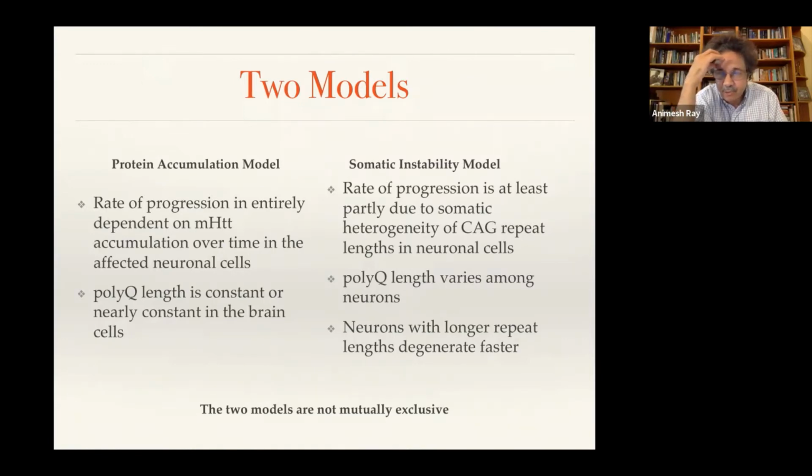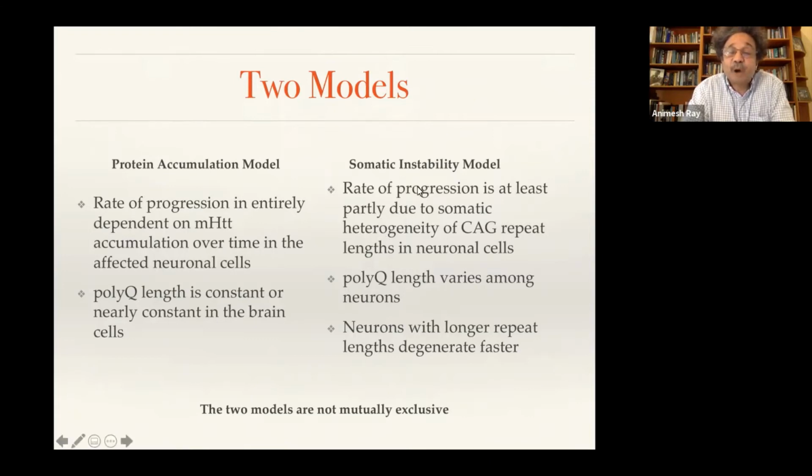And therefore, if the starting copy number of the repeat is high, then you start at a high enough toxicity and you go very quickly downhill from there. And that's why the 4-year-old child became sick so fast, because the child had a very long repeat. And implicit in this is the postulate that the polyQ length is constant once a person is born. The repeat length doesn't change in the somatic cells, or the cells of the brain.